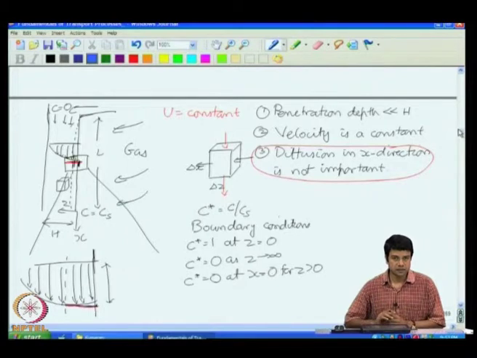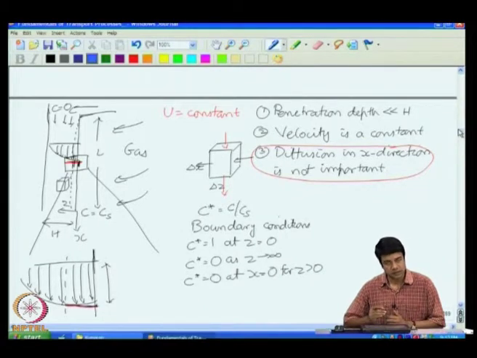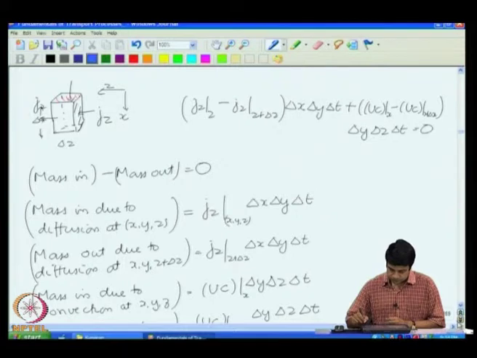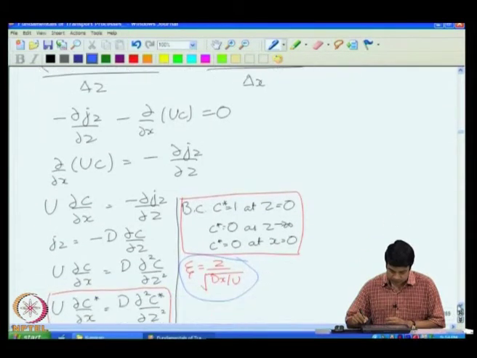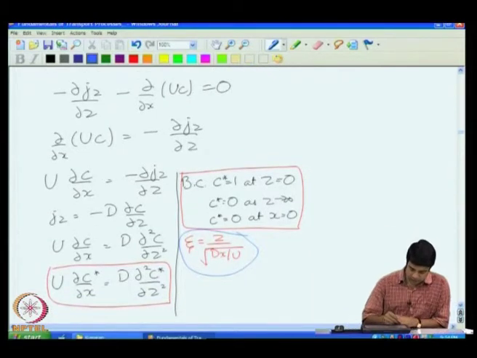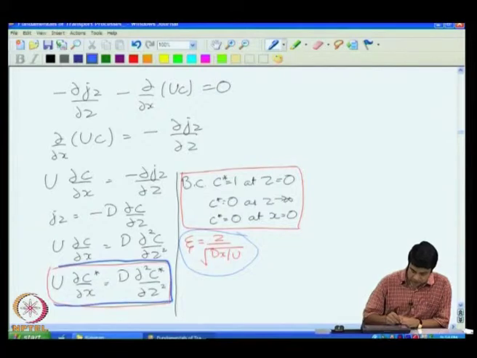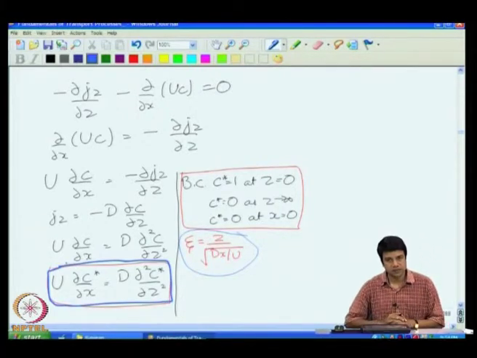The assumption basically is that over the length scale over which diffusion of mass takes place, the velocity is not changing. And we went back and found out under what conditions we can assume that the velocity is a constant. And using the mass balance condition, we got an equation of this form: u dc by dx is equal to D d square c by dz square, and we solved this.